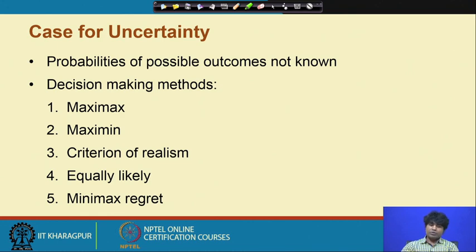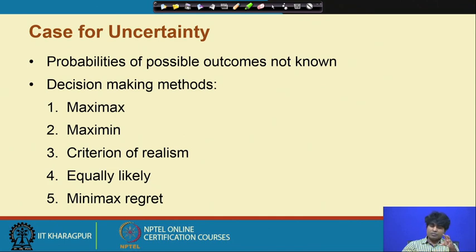So, in an uncertain business environment, with respect to outcomes and various probability involvement, there are decision making methods to choose a particular outcome corresponding to a particular business problem. We have several methods: the first one is maximax, then maximin, then criterion of realism, then equally likely, and minimax regret, right.